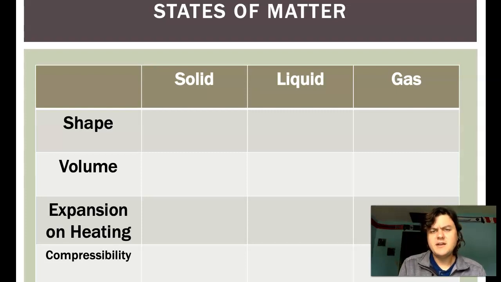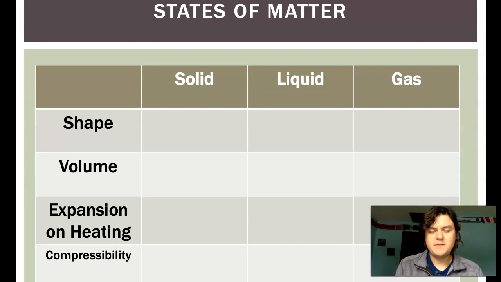And indefinite means that it would take either the shape or the volume of the container as it's being moved from one holding space to another. For expansion on heating and compressibility, we can say yes or no. Sometimes we get a little more specific and say very minor, or it does expand a great deal. So go ahead and pause and try and fill in this chart.